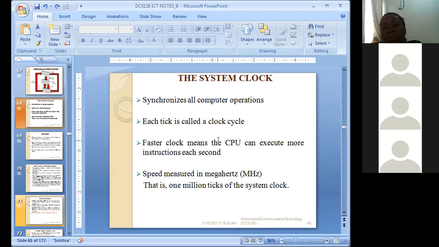Now, this speed is measured in MHz, megahertz. That is 1 million ticks of the system clock. So when the system clock ticks 1 million times, you have one measure of the speed. You can say, this is how fast it is.